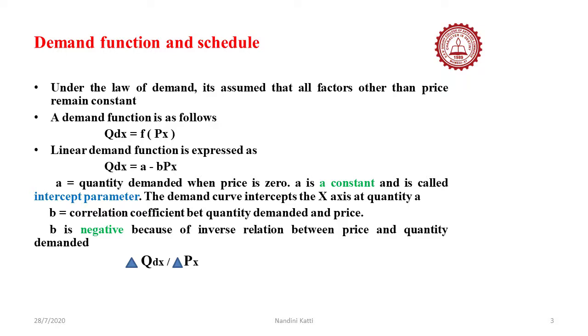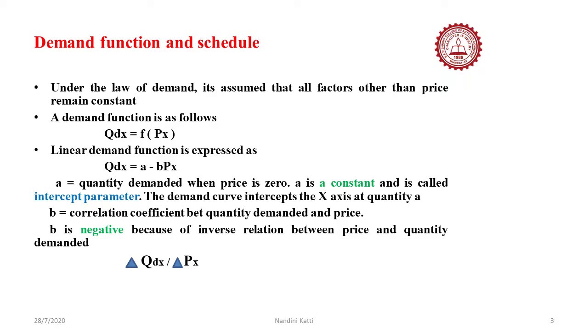The demand curve intercepts the x-axis at a quantity, and B is the coefficient between the quantity demanded and price. Now B is negative because of the inverse relation between the price and the quantity demanded.